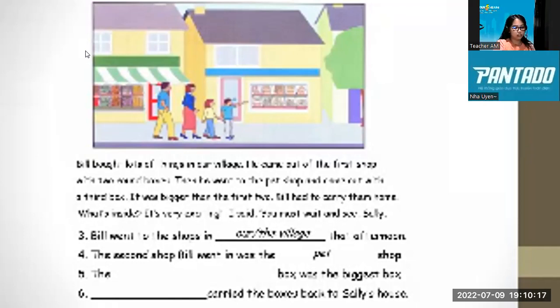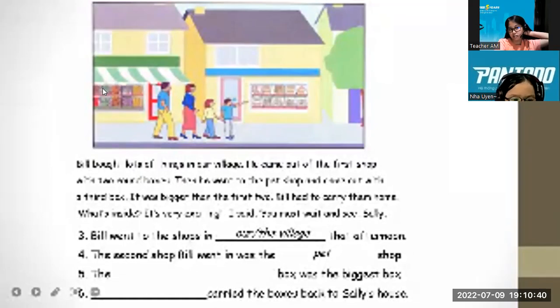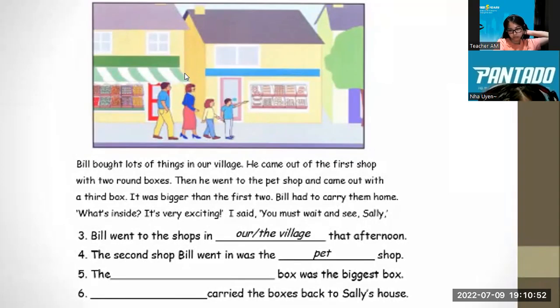The blank box was the biggest box. What's the biggest box? Is it the first one or third?